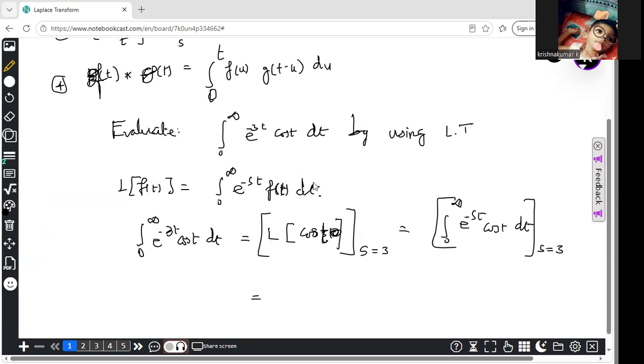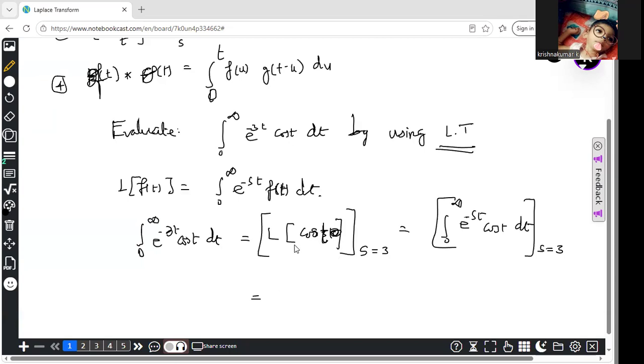So that means we can find the integration value by using the Laplace transform, but that integration should contain the limit 0 to infinity. Only then can we use the Laplace transform, because in the Laplace transform the limit of the integration is 0 to infinity. So if you have an integration with the limit 0 to infinity, you can use the Laplace transform.